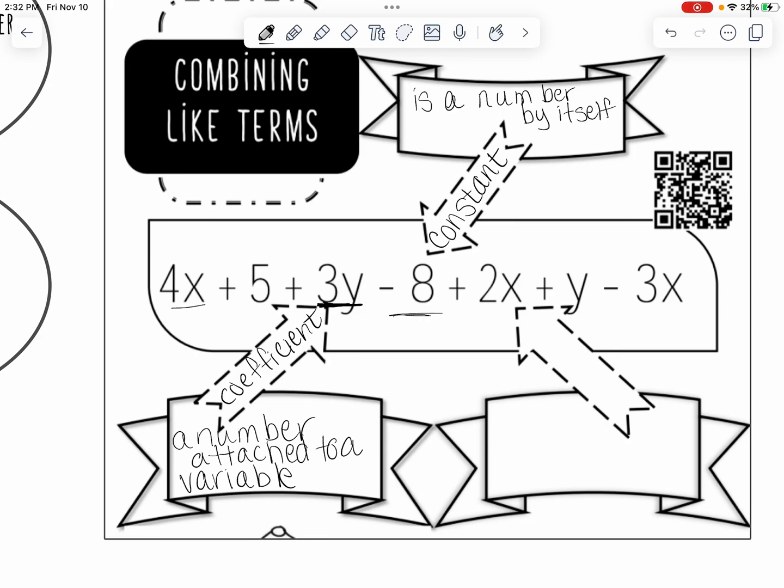Okay, so the letters in an expression are called variables. Variables are letters that represent the unknowns.